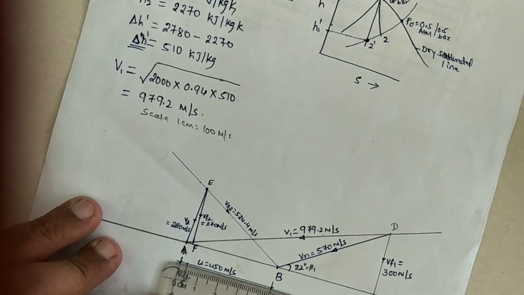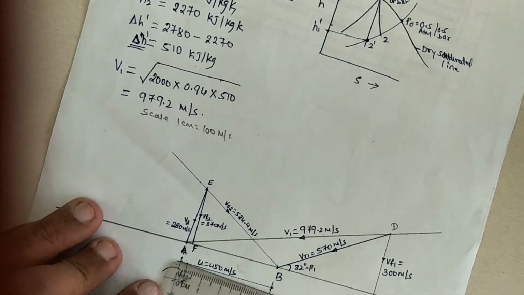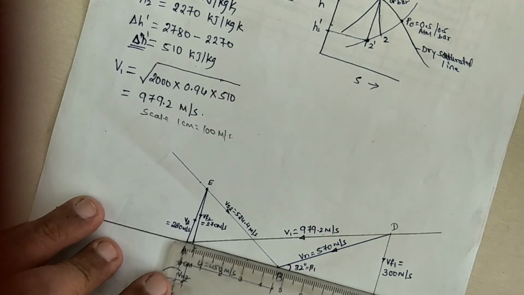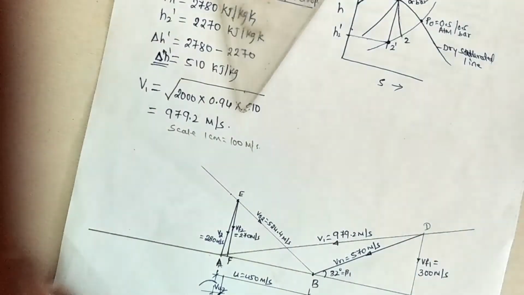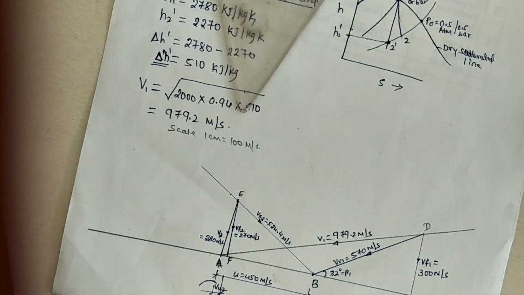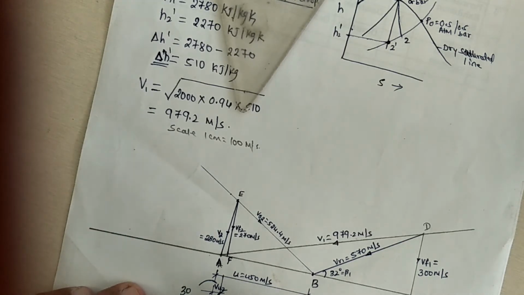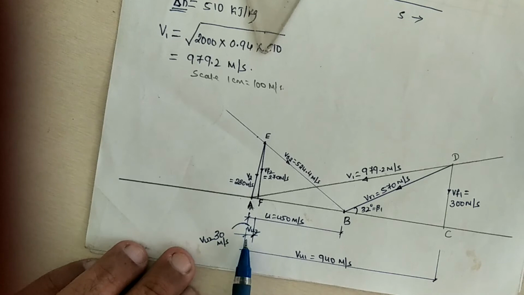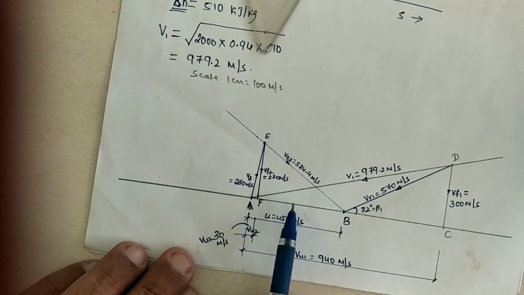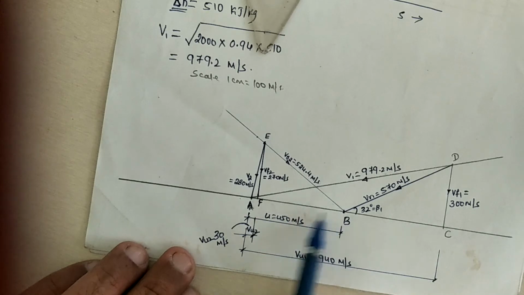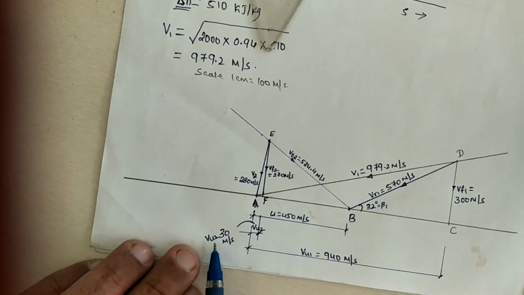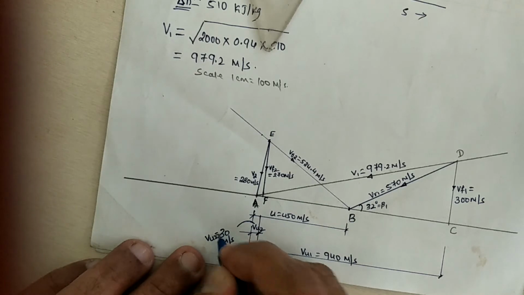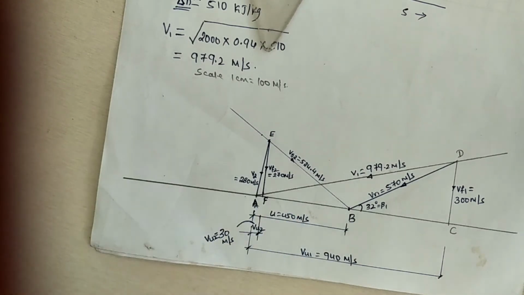It is almost 3 mm or 0.3 centimeters. 0.3 into 100, so I will get 30 meters per second. But VU2 is overlapping on U, that is AB, so while calculating, the value of VU2 should be taken as negative.